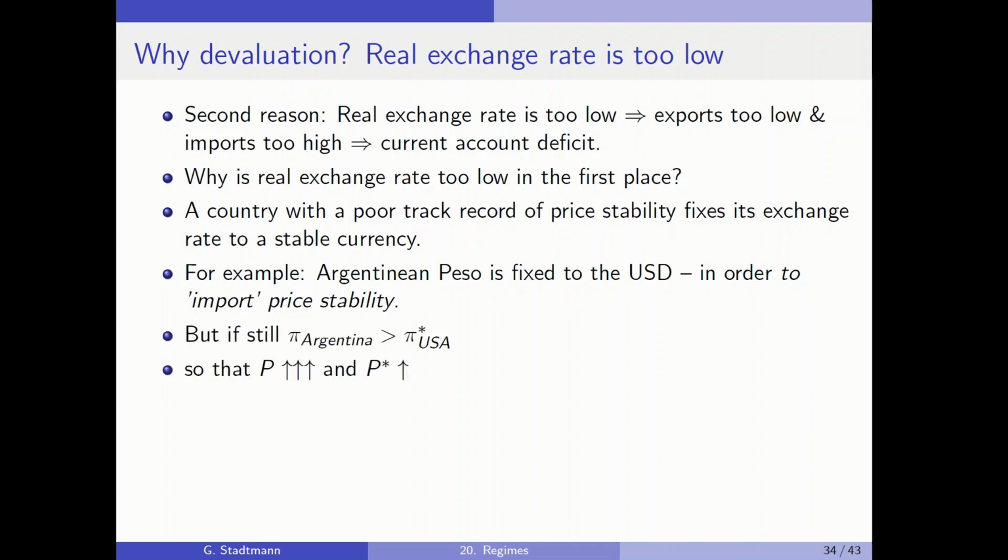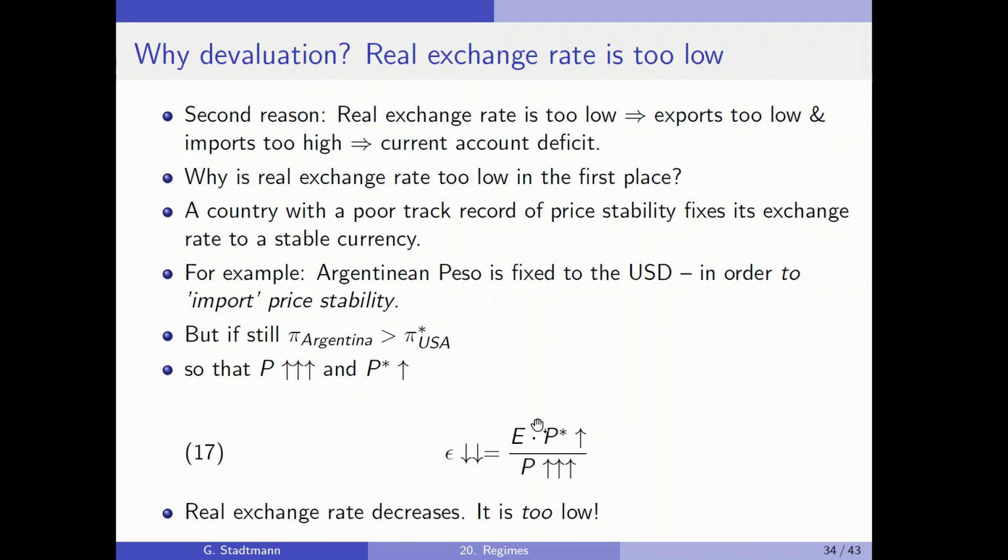However, if it is still the case that the inflation rate in Argentina is larger than the inflation rate in the US, then the goods prices in the domestic economy, the goods prices in Argentina, increase faster than the goods prices in the US, in the foreign economy. What are the implications for the real exchange rate? This is highlighted in equation 17.